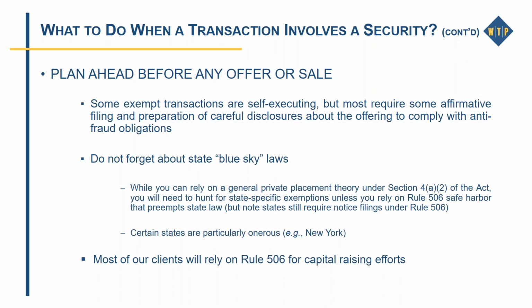And just to put this into context, one of the reasons why we like to rely on Rule 506 is because it almost universally preempts any state law. So the SEC and the feds have said, if you're doing a 506 compliant offering, the states cannot require more than what we require.